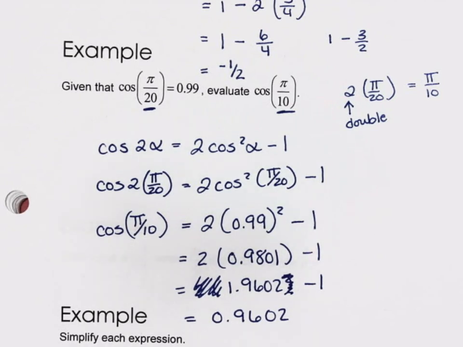How could we find this without a calculator? They would be much nicer numbers, and it's probably going to be into a sum or difference identity. So we wouldn't have to deal with 0.99. It might be equal to 0.3 or 0.35, right? 0.35 times 2, I think you can all handle that.